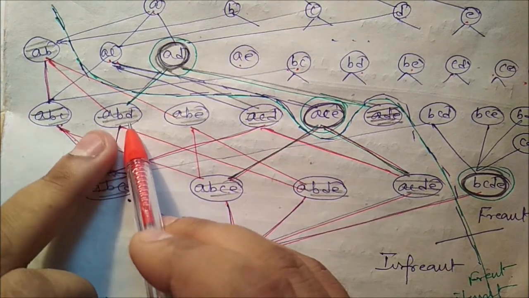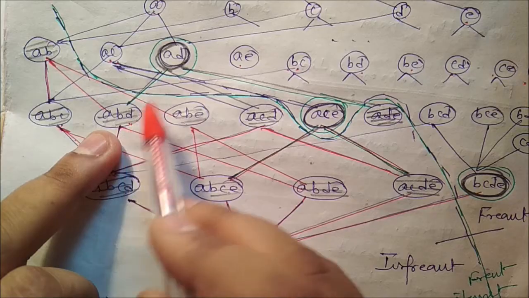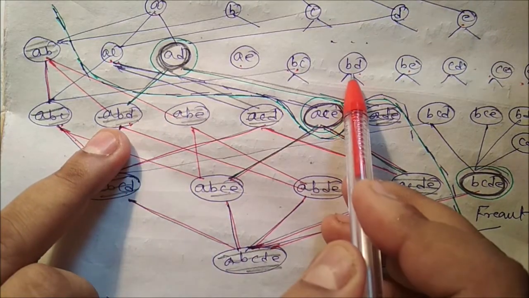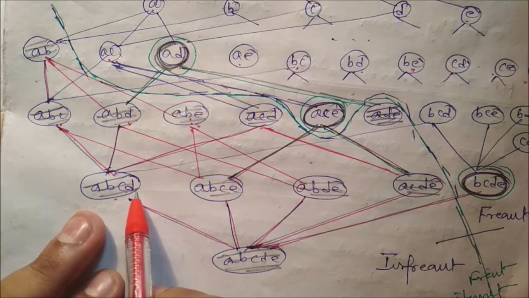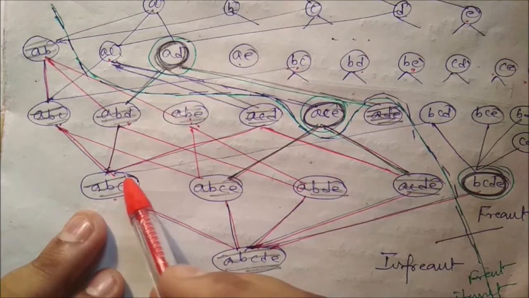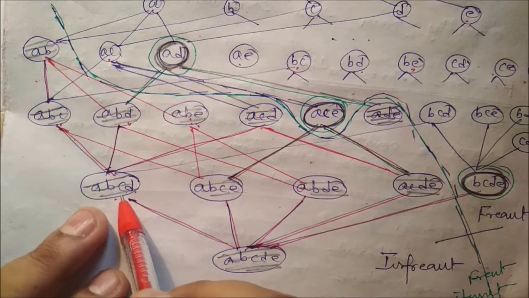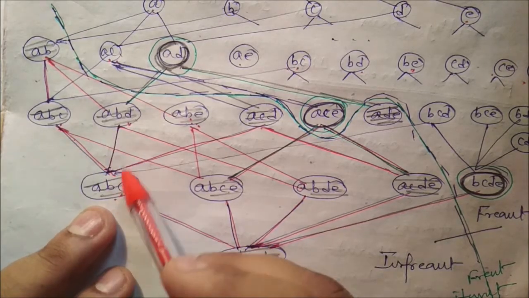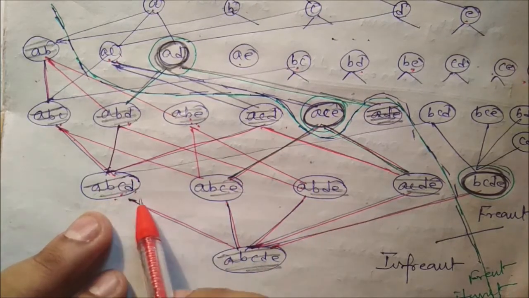Similarly, we can get ABD using AB, AD and BD. We can get four item set ABCD from ABC, ABD and ACD.